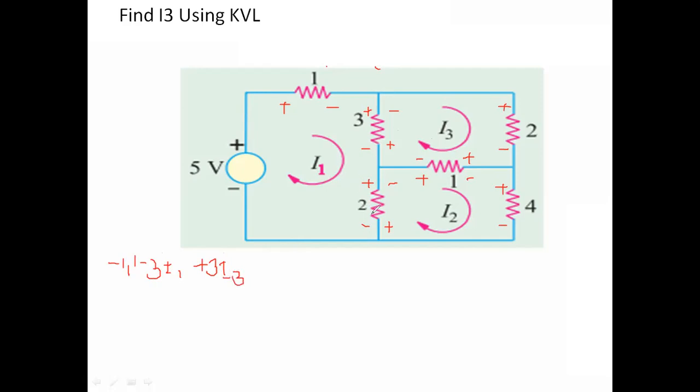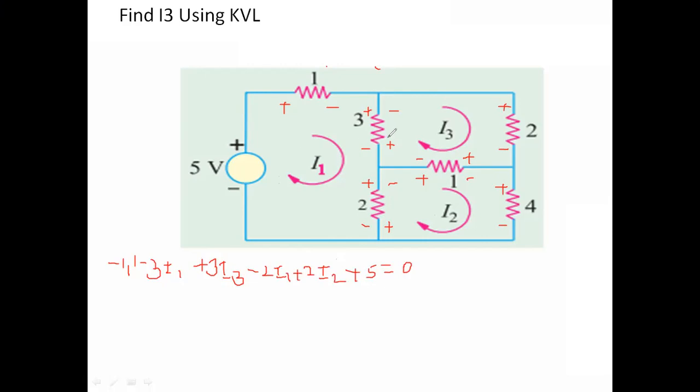Coming to here, minus 2 into I1 plus 2 into I2, and coming to this source, it is plus 5 volts, and that equals 0.